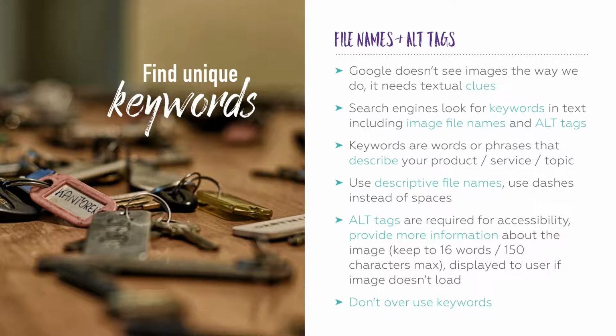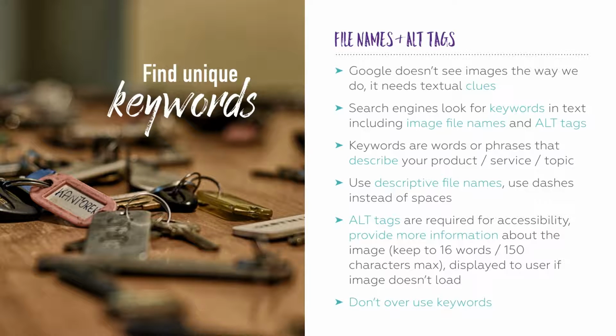So search engines look for keywords in your text, including your file names, and something called alt tags, which I'll explain a little bit later. So it's really important to name your images properly using some keywords and to put those keywords in your alt tags as well.